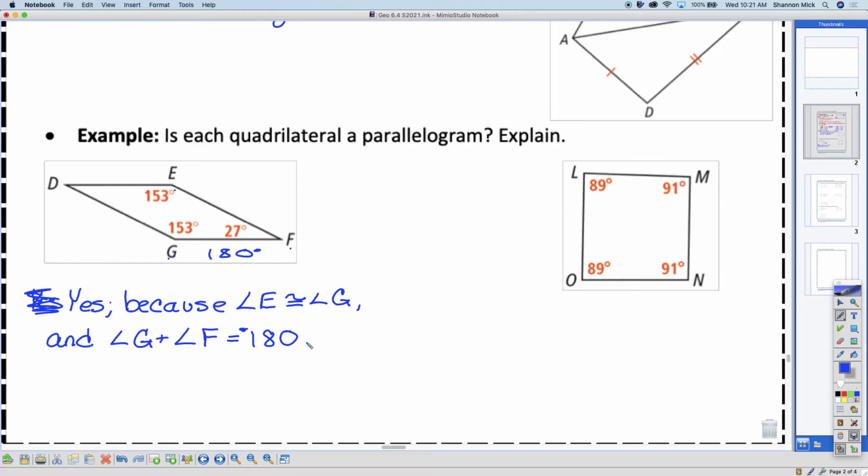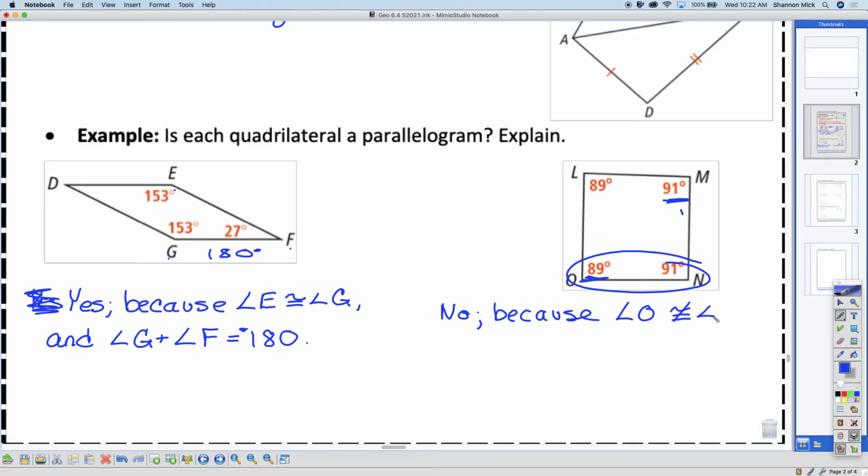Is it a parallelogram? No, because it doesn't equal 180, and the opposite sides aren't the same. Because L and O, wouldn't that equal 180?